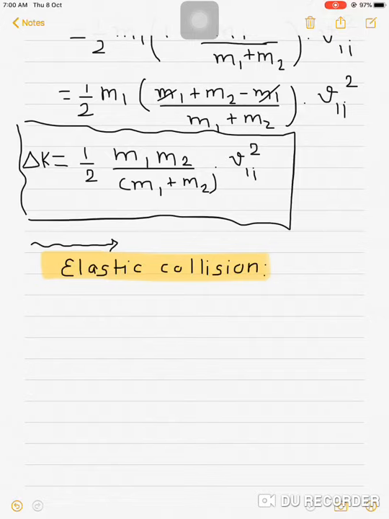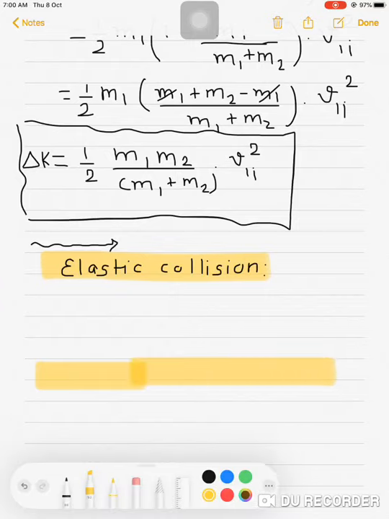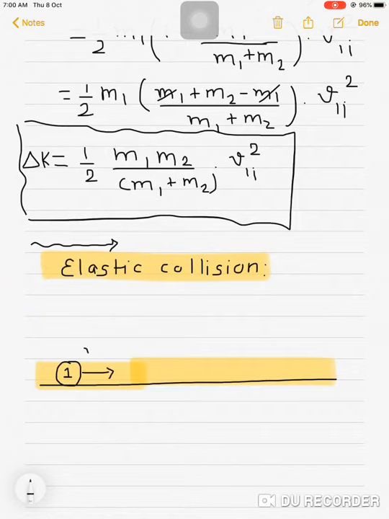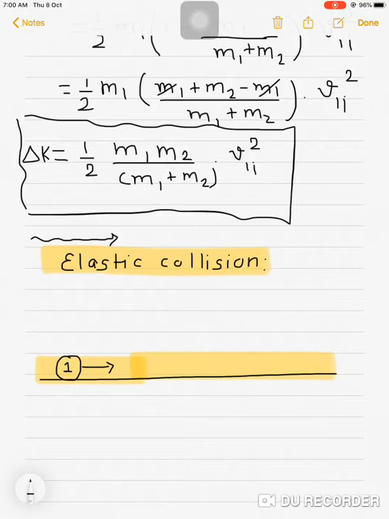Now to follow both conditions, what can we write here? As we have explained in the previous case, the condition is the same for the ground level. Let us consider ball 1 is moving with velocity v1i. Ball 2 is stationary, so v2 is 0, but this is before collision.